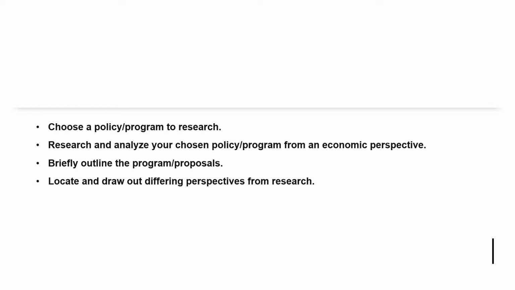You'll have to outline the programs and proposals that you find, and that's going to require you to actually locate and draw out differing perspectives from the research. A lot of times people can be new to the idea of sussing out an argument, as it's called in scholarly writing, because it looks different than an argument we might have in day-to-day life.